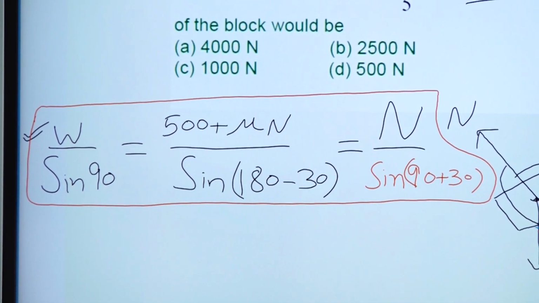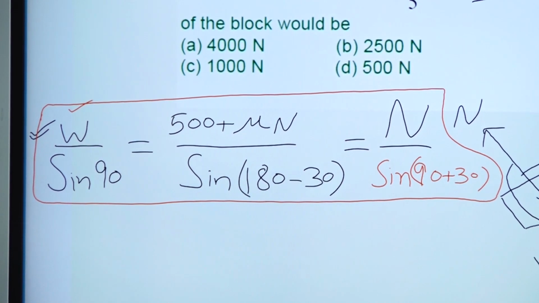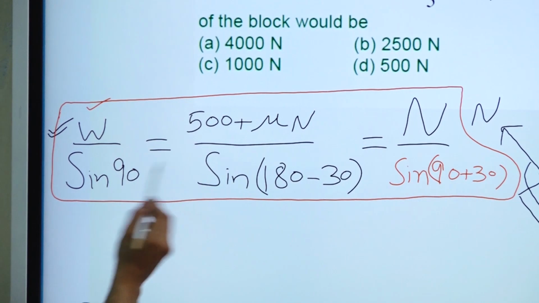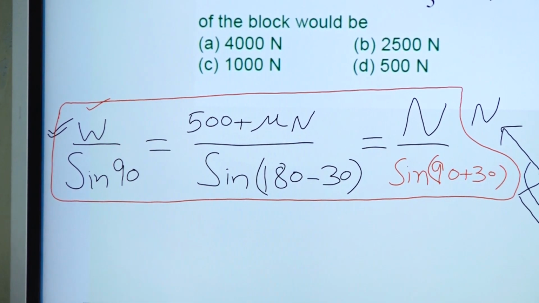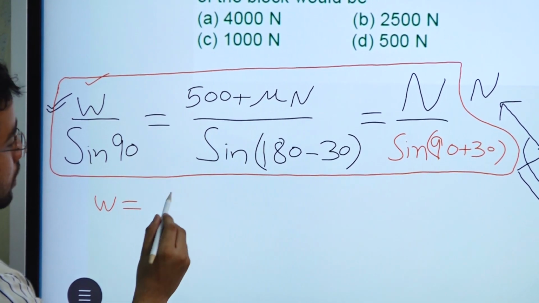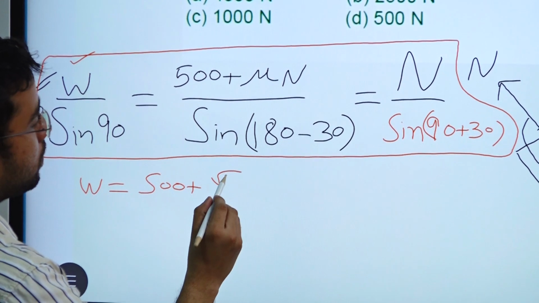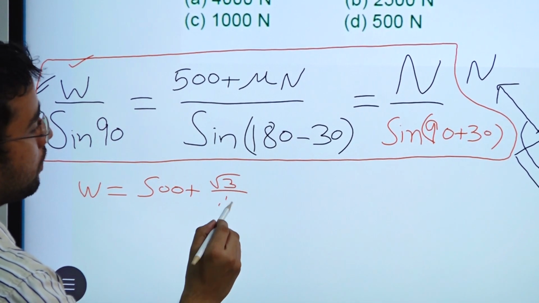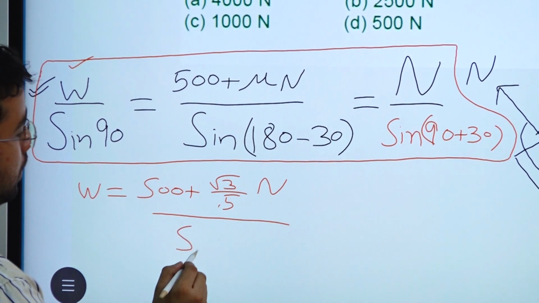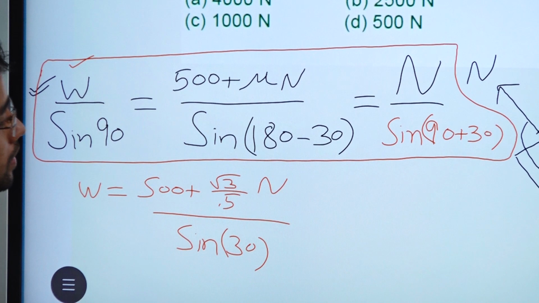Now we have to solve this equation for W. Simply we will use the first two terms. W will be equal to sine 90, which is 1, times 500 plus mu, which is root 3 by 5, N, divided by sine 30, because sine of 180 minus 30 is equal to sine 30.